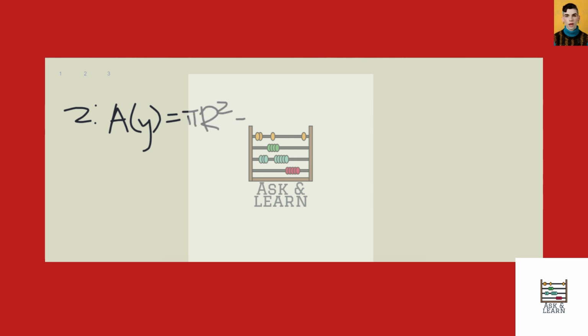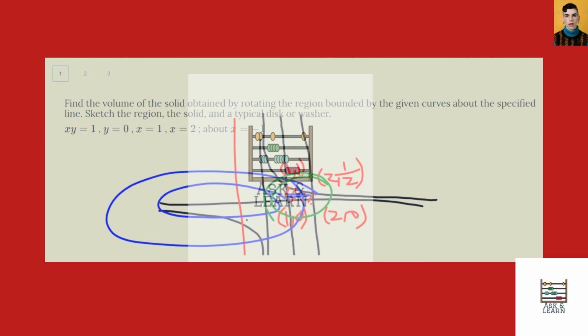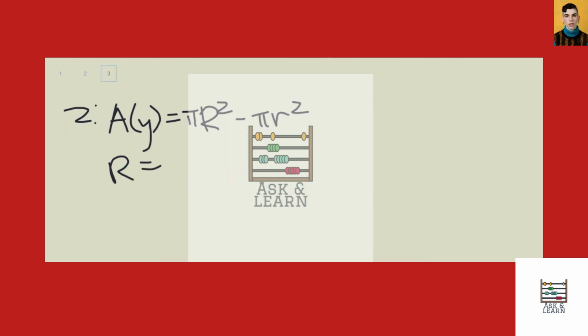So the bigger area minus the smaller area of the discs. Now, the bigger radius is always constant. In particular, it is the distance from here to here, the distance from the x equals 2 line to the x equals negative 1 line. That is always 3.